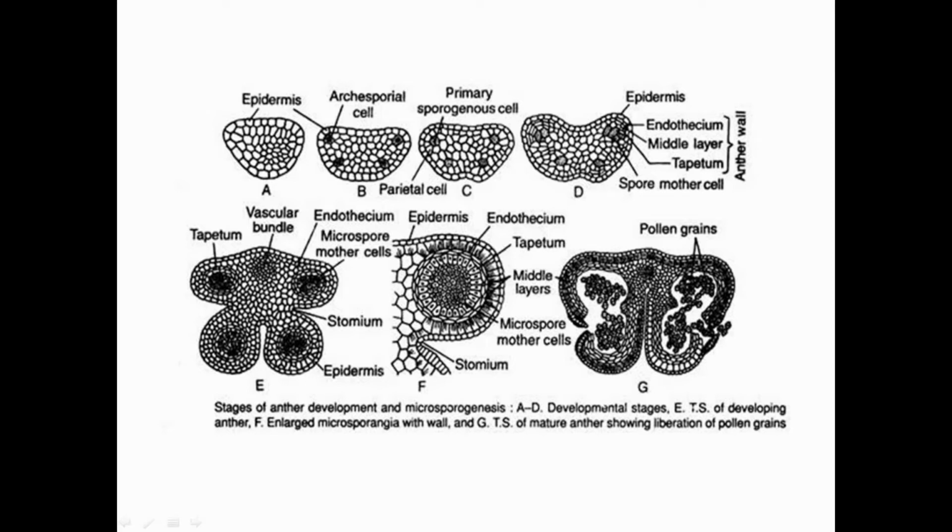Each microspore mother cell divides meiotically to form 4 haploid microspores or pollen grains and remain arranged in tetrads. The arrangement in the tetrads can be tetrahedral, isobilateral, linear, T-shaped and decussate. Now the microspores are separated from the tetrad.